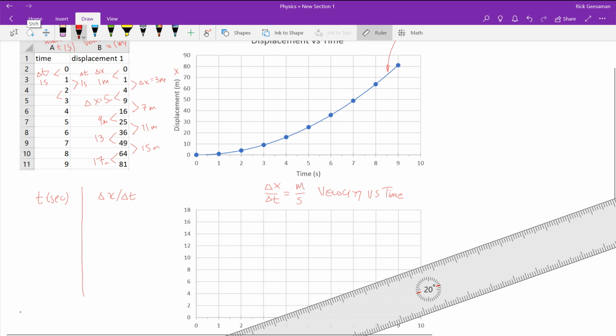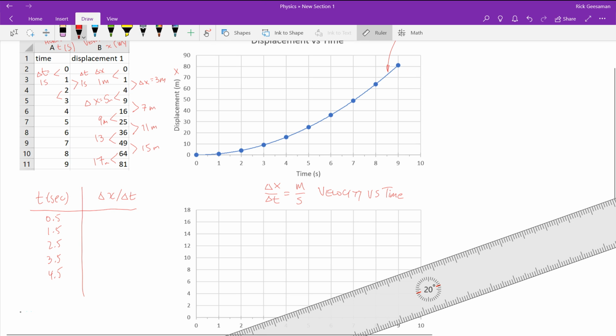My pen is getting a little jumpy, I apologize. All right, so our first interval, t seconds, 0.5, 1.5, 2.5, 3.5, 4.5, and so on. We'll just graph the first 5 because you're going to see a trend develop very quickly.